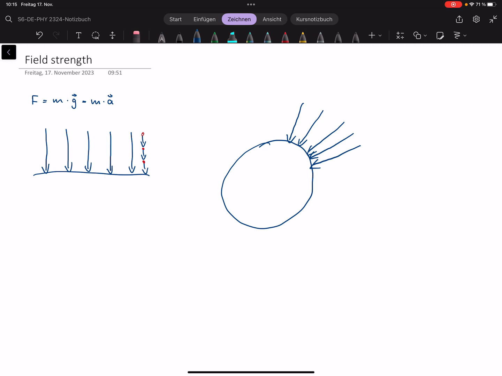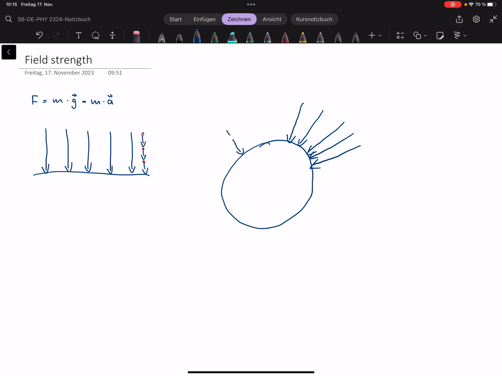Still, that's what we have been observing: when the distance between the Earth's surface and some mass increases, the force that is acting on that mass becomes smaller.